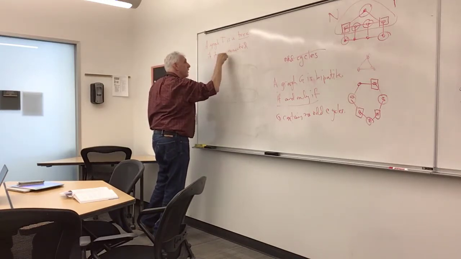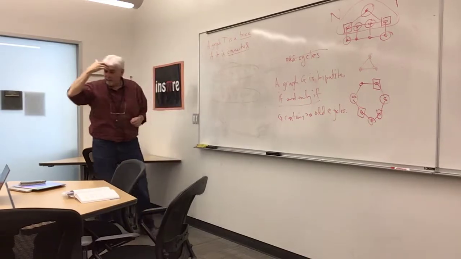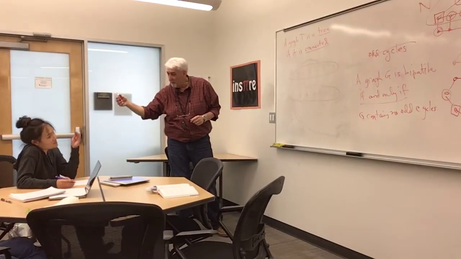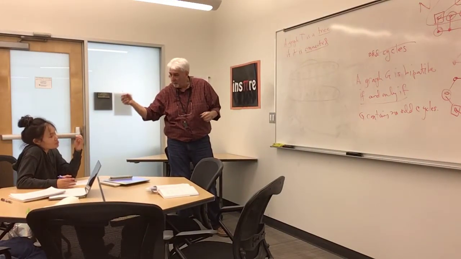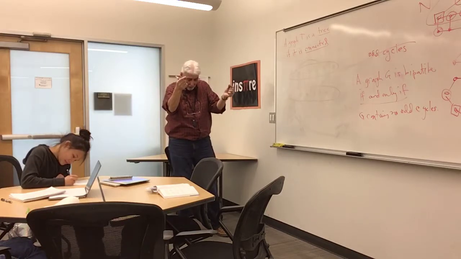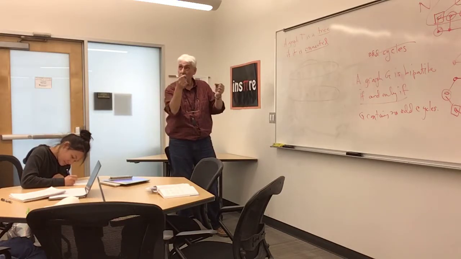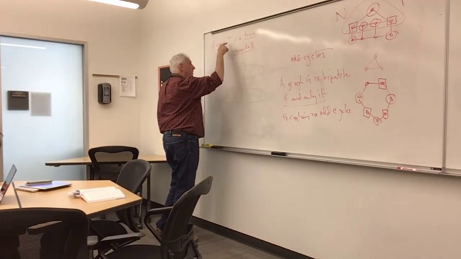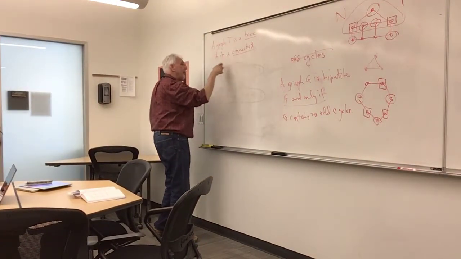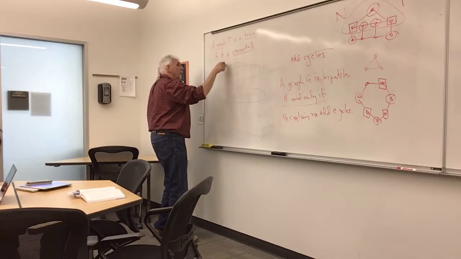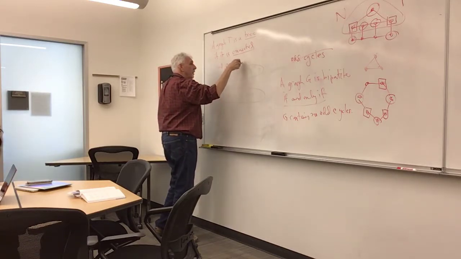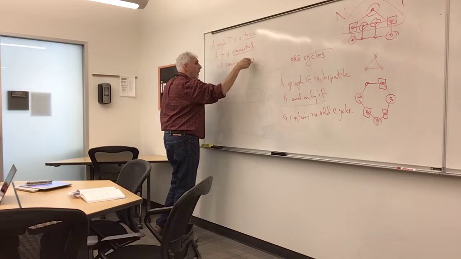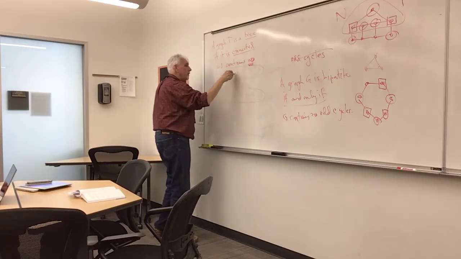Connected, what does that mean? I always forget that. I close my eyes, I choose two vertices, and there's a path connecting them. A graph T is a tree if it is connected and contains no cycles.